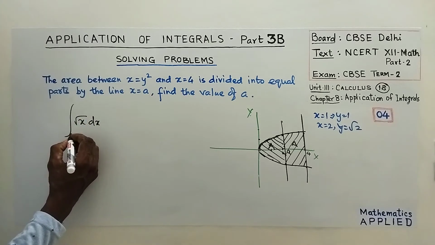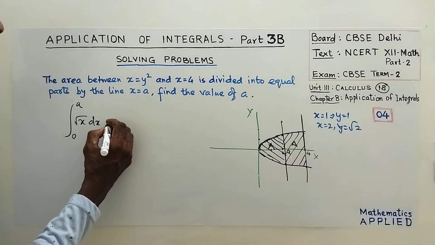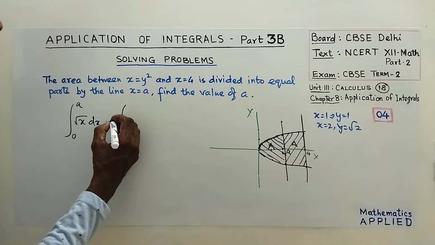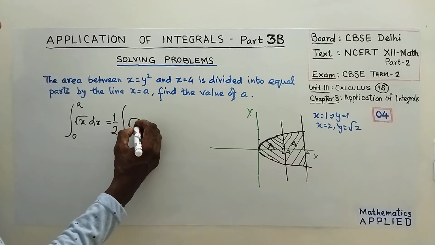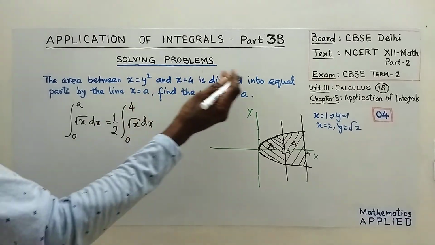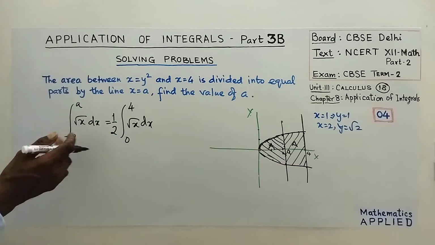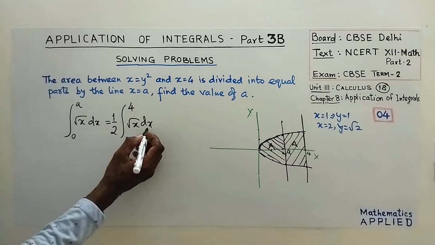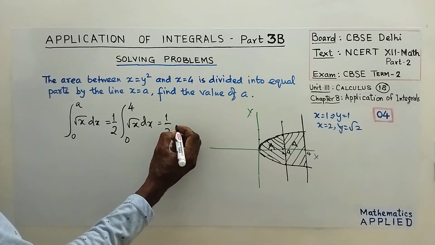So from 0 to a we integrate, and that should be equal to half of the integral of root x dx from 0 to 4. By the problem we have written this, right? Because the problem is telling us like this. So this is half of this. Now we will solve this and get the value of a.